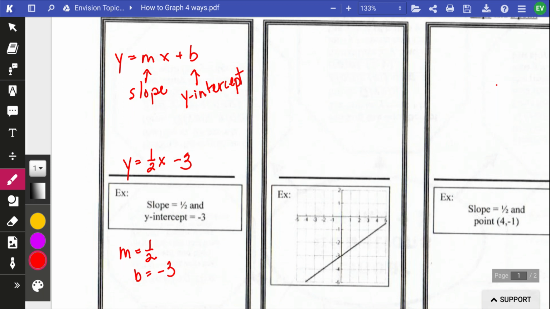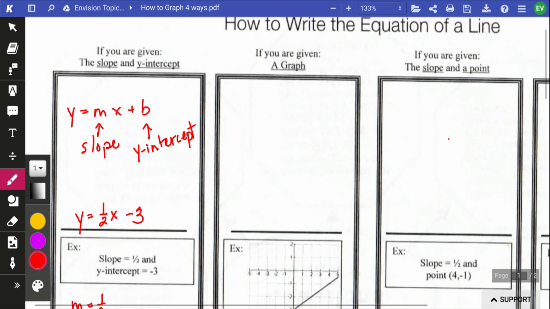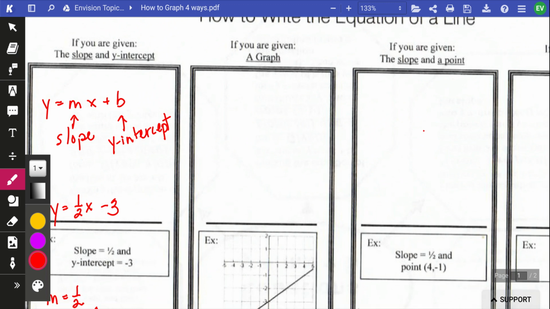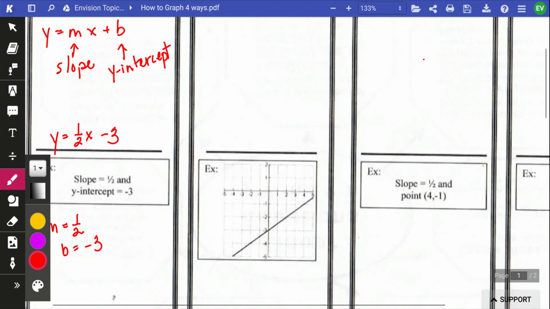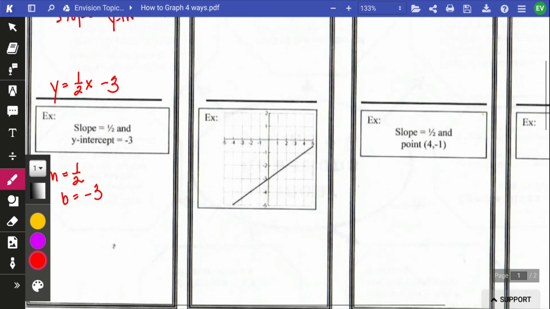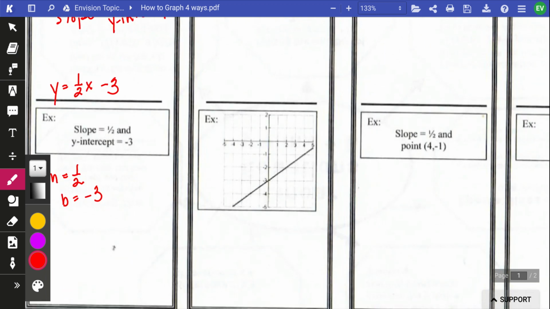Okay, moving on to the next example. If you're given a graph. In this case, we're given a graph, and on our graph, we need to find our slope and we need to find our y-intercept. We kind of do the same thing.